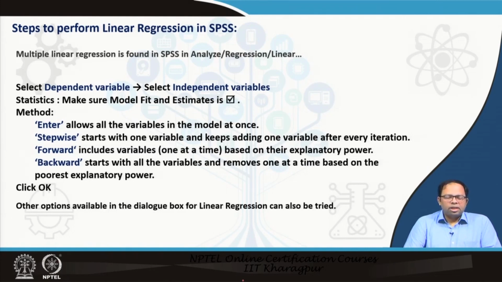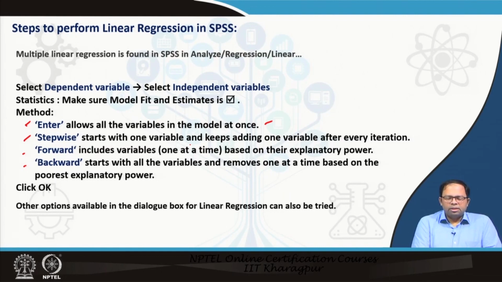Then for the different model statistics, we need to check the boxes which show the model fit and other estimates. There are several methods similar to logistic regression: enter, stepwise, forward, backward. Enter basically means all variables are inside, but of course, we can set the confidence intervals that prevent some variables from being inside. Stepwise starts with one variable and keeps adding one more variable after each iteration if the results improve.